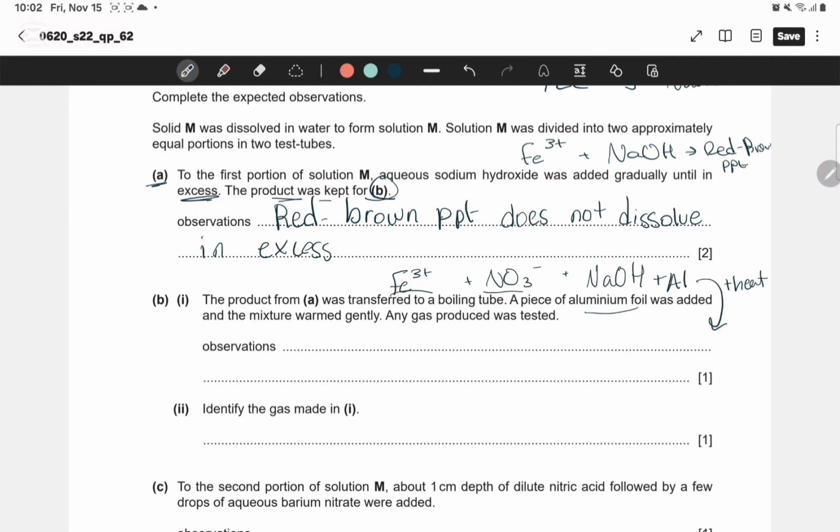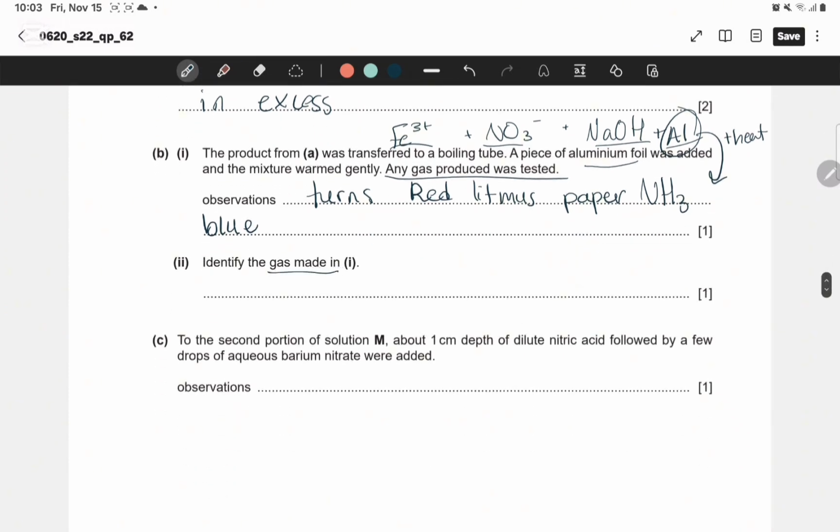So which one of these reacts with NaOH and aluminium to make a product? NO3 minus, right? So NO3 minus and NaOH and aluminium powder, which is the catalyst, when you heat them you get NH3, and then when you test it, because they said any gas produced was tested, it turns red litmus paper blue.